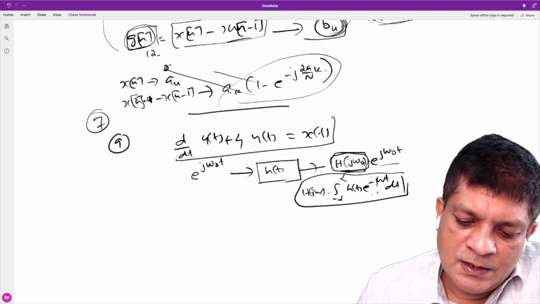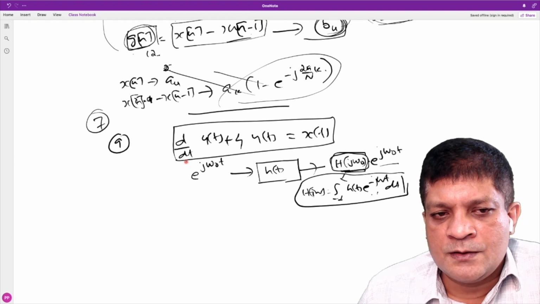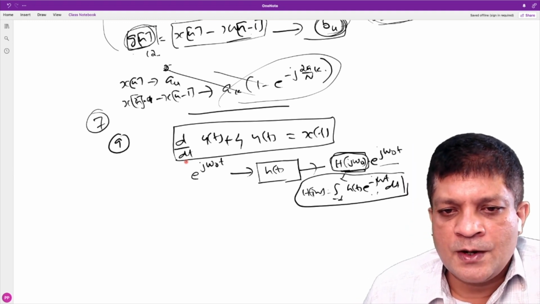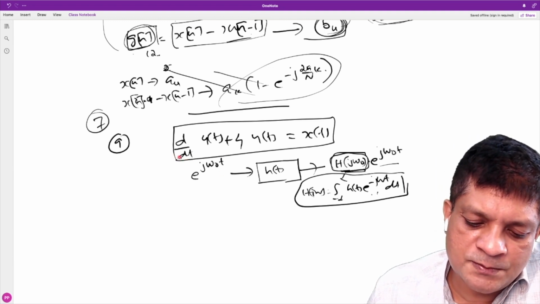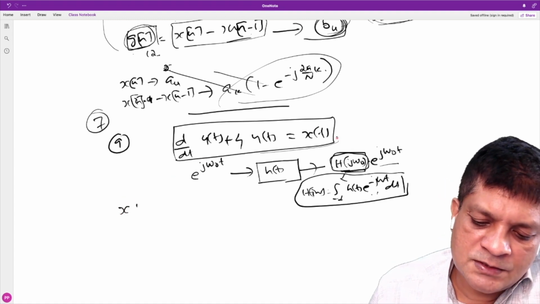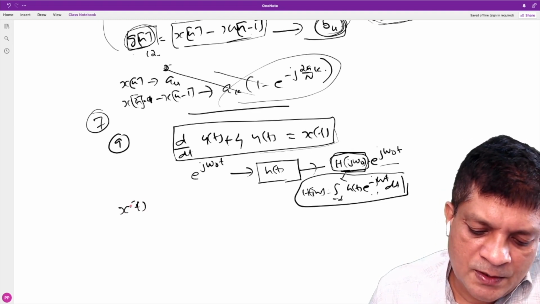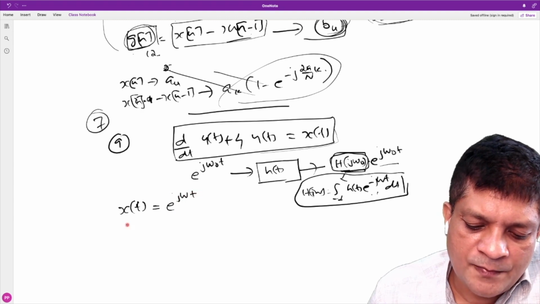So if you are given a differential equation that governs the input and output of a linear time invariant system, you can find the frequency response from this. This is the input output relation of that linear time invariant system. If you are taking x(t) as e to the power j omega t, what is y(t)?